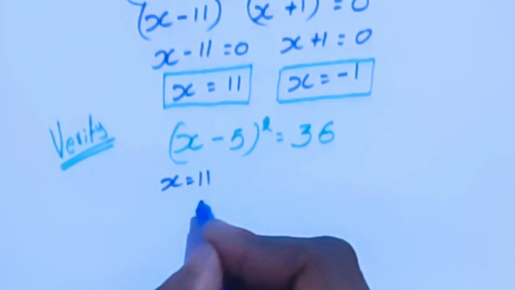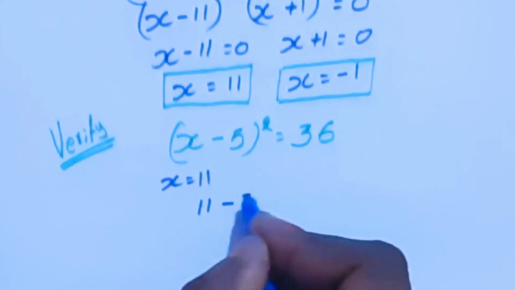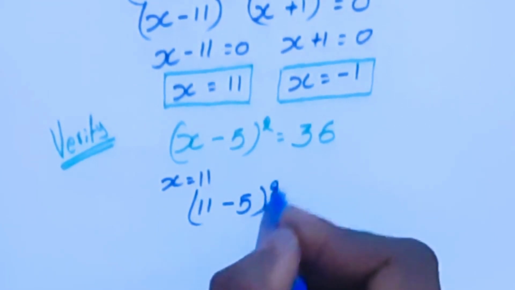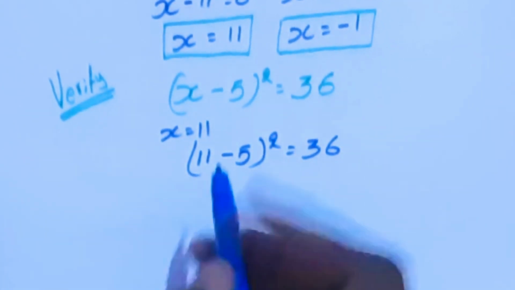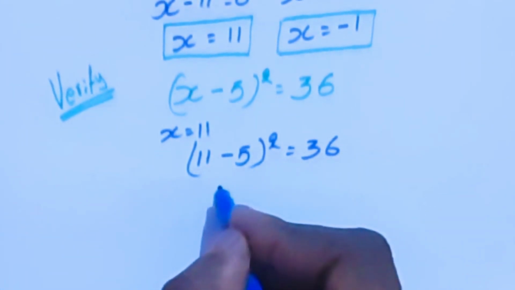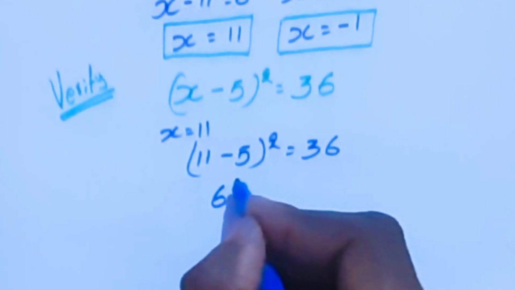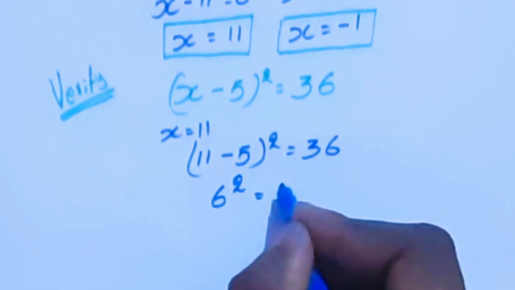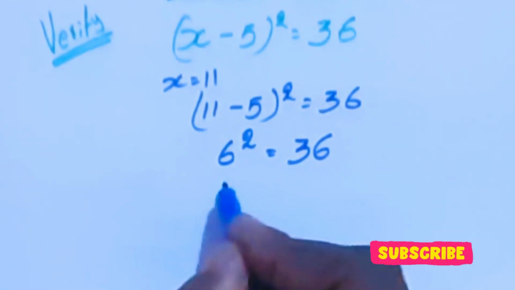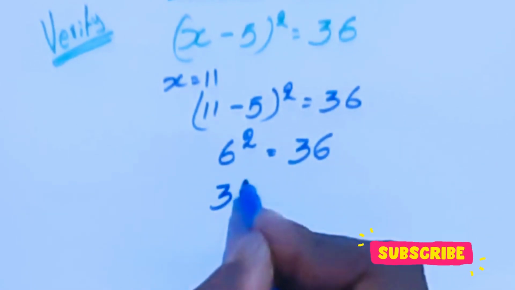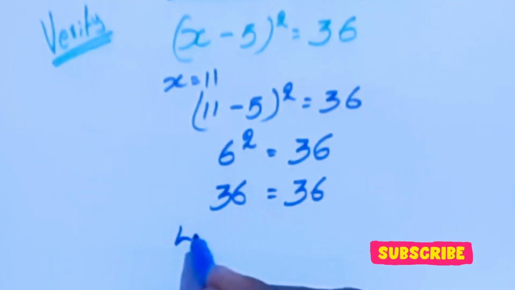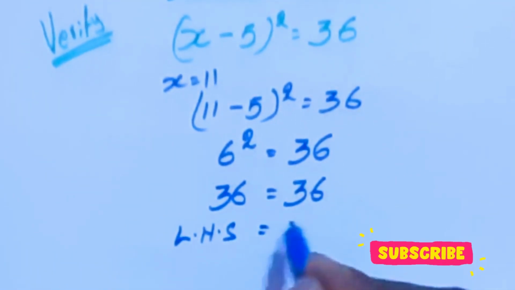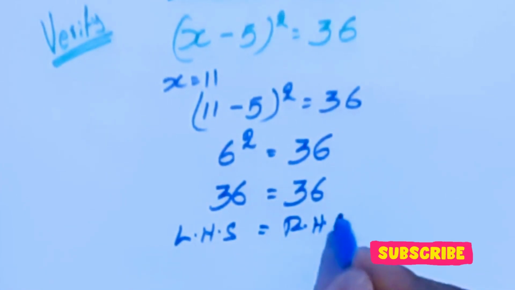So (11 minus 5) whole square equal to 36. Here 11 minus 5 is 6, 6 square is 36, equal to 36. So LHS equal to RHS.